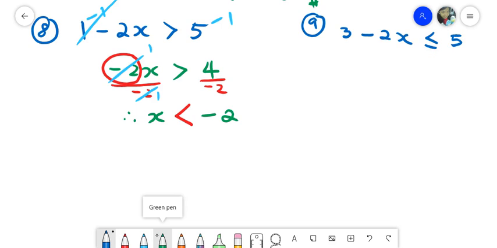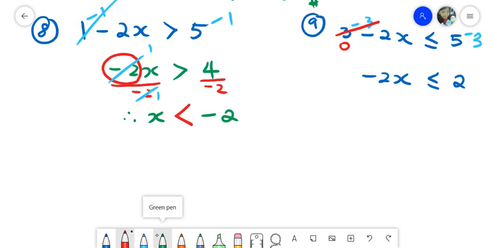I just modified it a bit. Same thing, to get rid of 3, you minus 3 on both sides. So you end up with negative 2x greater than or equal to 2. Because your intention is to get back the 0.